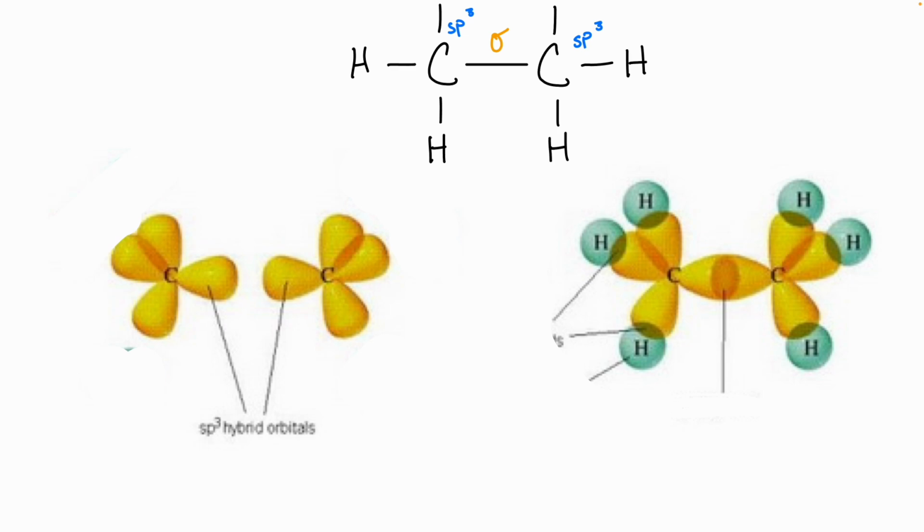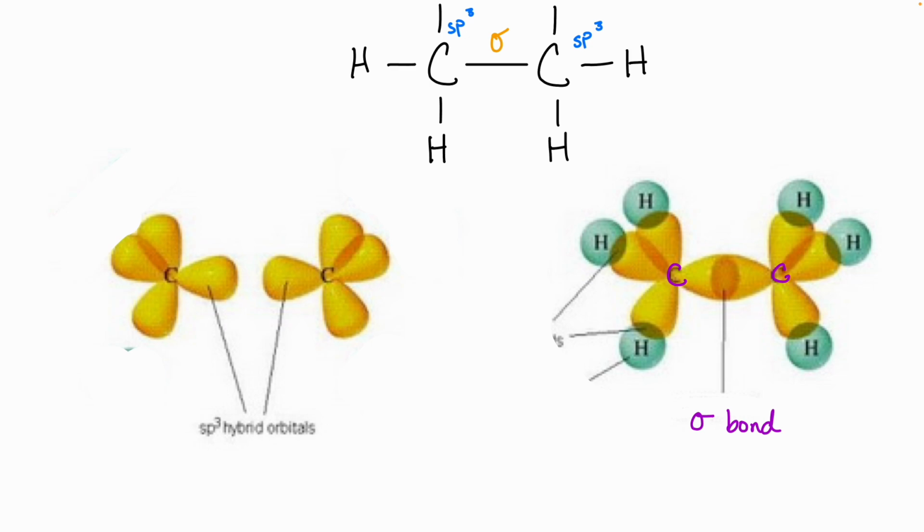That direct overlap is what we call a sigma bond, right? So we have our carbon atoms here, and they're sharing this pair of electrons in the middle. And where is that pair of electrons located? Simply between those 2 carbon atoms. So again, just like you would think about a covalent bond, sharing of electrons. If I'm bound to another atom, that pair of electrons we're sharing is just directly between us. Nothing crazy.